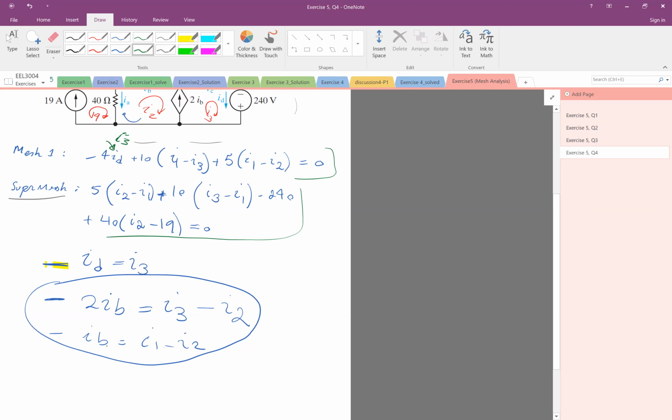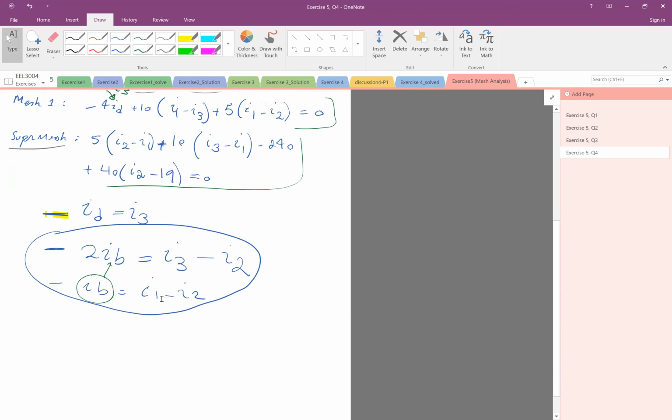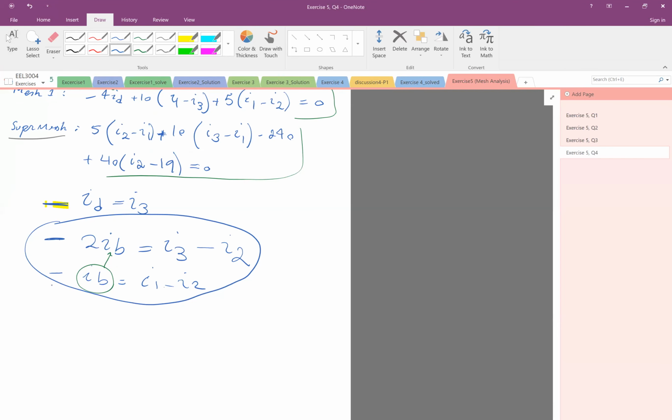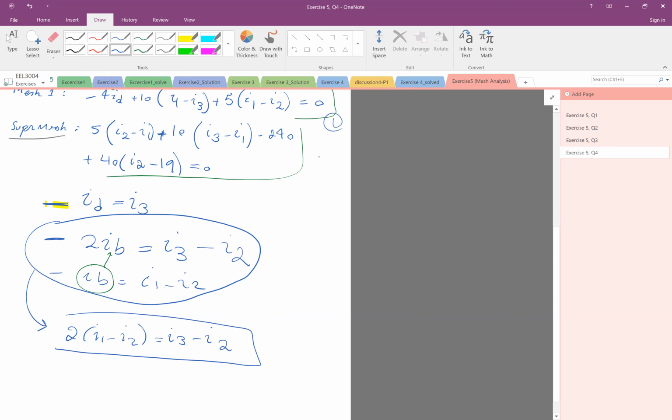So I1 minus I2 equal to IB, but then IB is also that. So combining these two, I get twice the IB, which is I1 minus I2, is equal to I3 minus I2, right? So that's my third equation. So 1, 2, and 3.